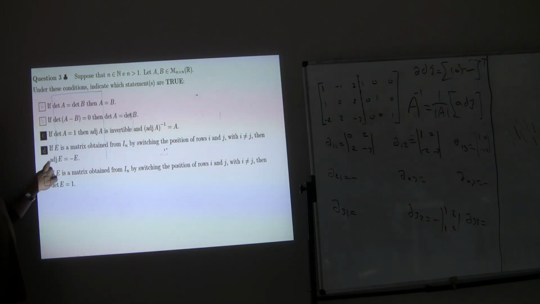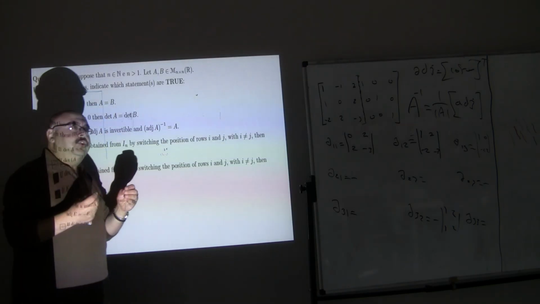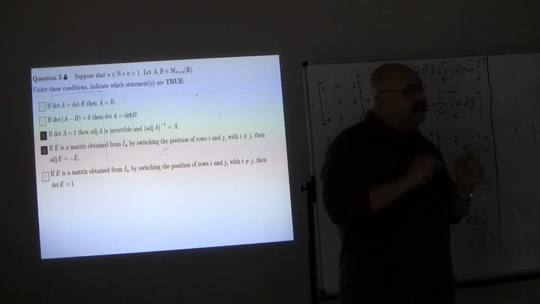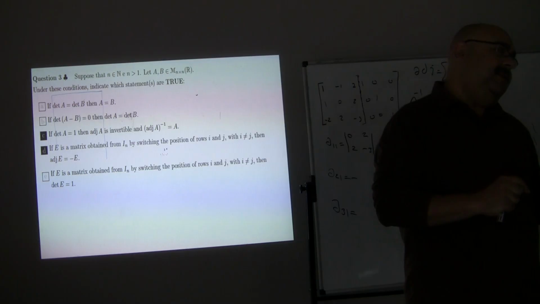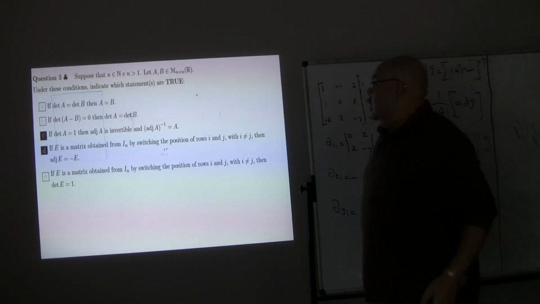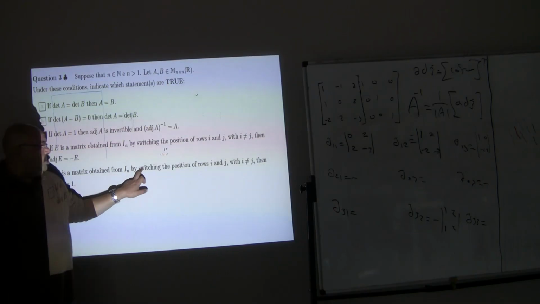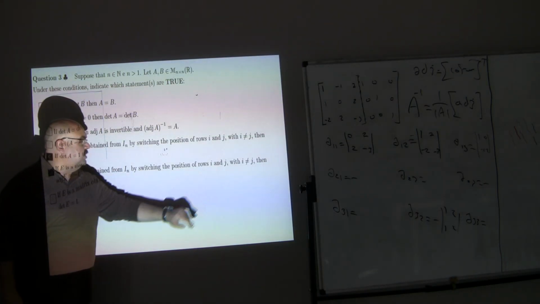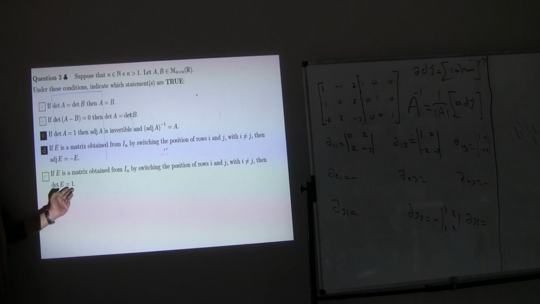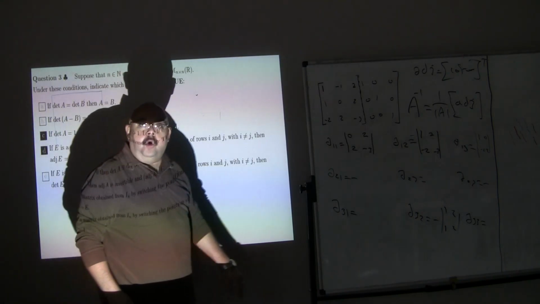Then adjoint of E is equal to negative E? Yes, of course. Because actually it's not related to the matrices, it's related to the value of the determinants assigned to them. If E is a matrix obtained from I by switching the positions of i and j, which doesn't equal j, then the determinant of E is equal to 1, or incorrect, the determinant will be negative 1.